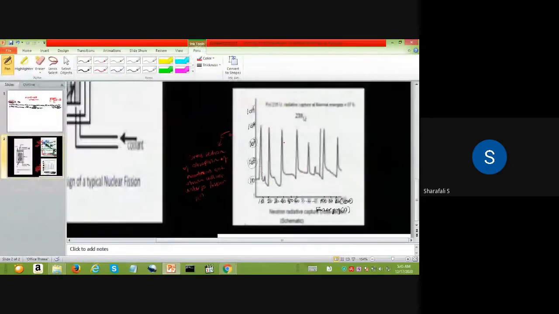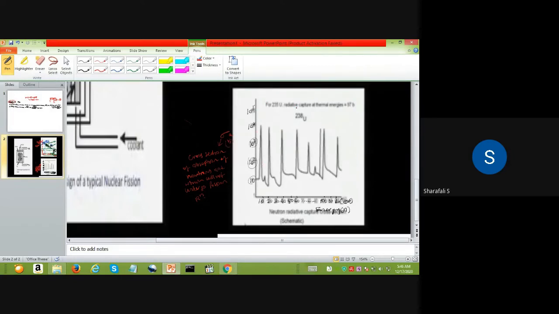This y-axis, which is sigma a, is the absorption cross section for these neutrons. So this is that sigma a. This is also in barns. So that value is here.